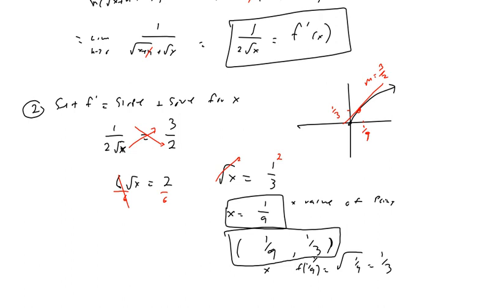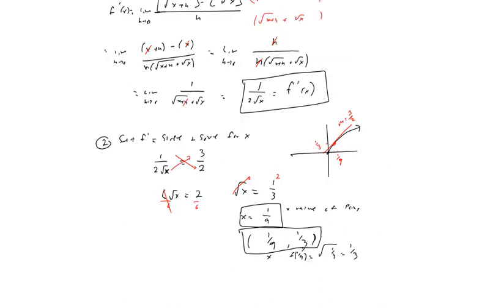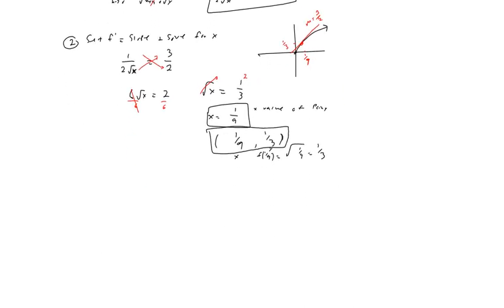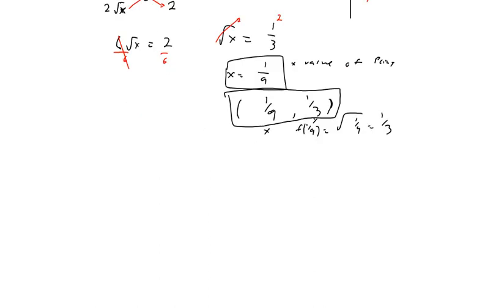All right, I'm going to give you one to try right now on your own, and then we'll see what the answer is. I'm going to give you a few minutes. We'll see how long this takes you.